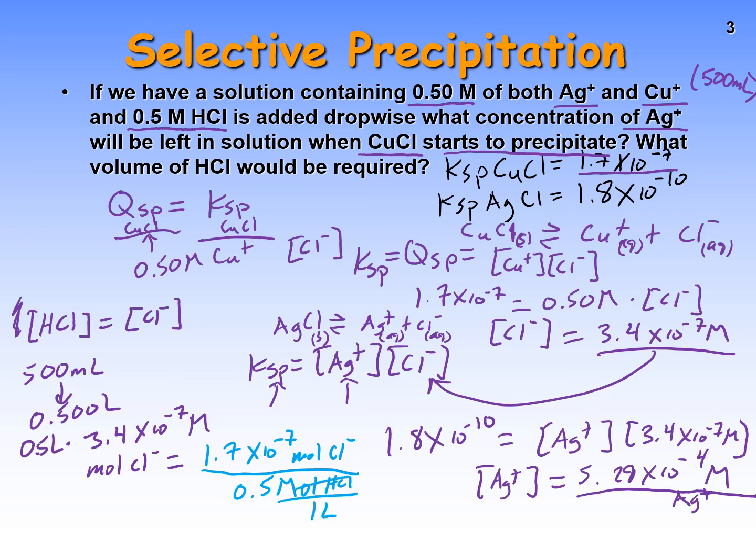Moles cancel here, and we get liters of our solution, which is about 3.4 times 10 to the negative 7 liters, or, times 1,000 to get milliliters, 0.00034 milliliters. So we barely have to add even a little piece of a drop to get this to that concentration. Okay, so if you have any questions, please let me know.